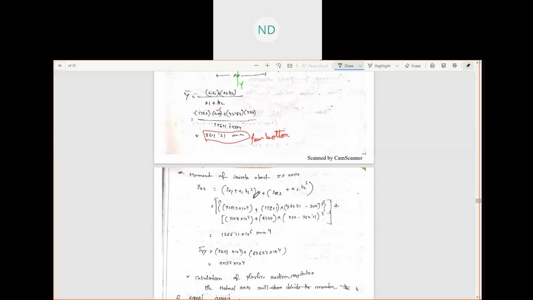It is the distance between the CG of this I section and the CG of the entire built-up member.